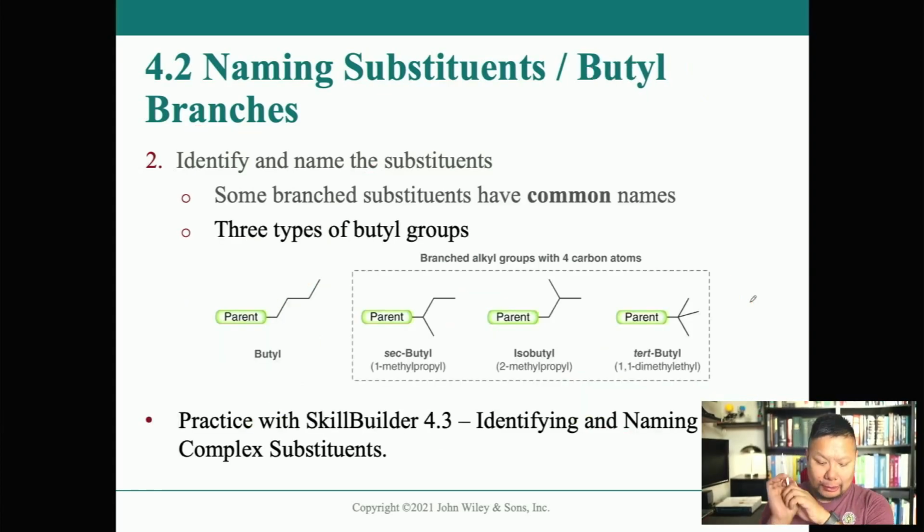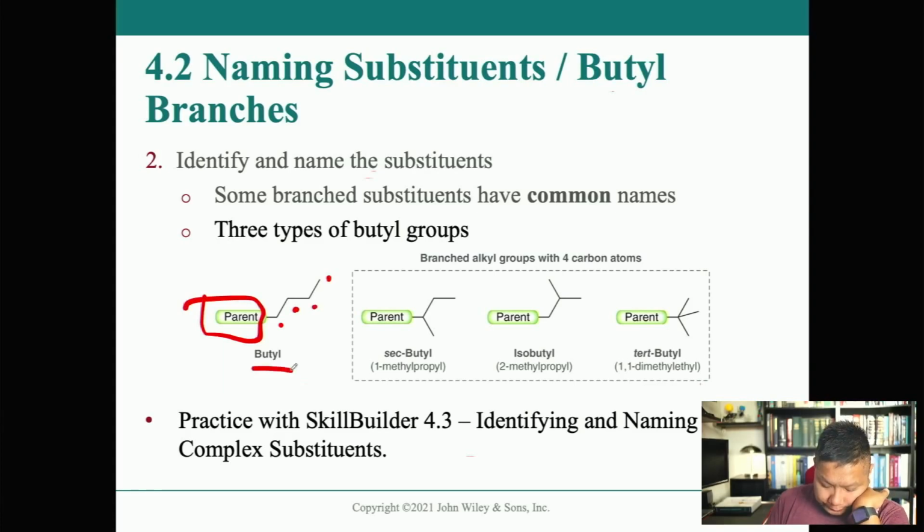So here's some more branches that have common names. You've heard me use these words before. We have a parent chain and a substituent attached to it with 4 carbons. Of course, it's called a butyl. But if it's shaped like this, where you have one branched off methyl and then a branched off ethyl, it's called a sec-butyl.